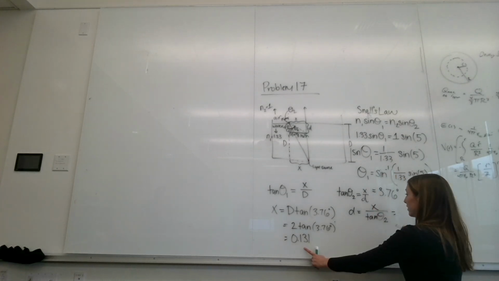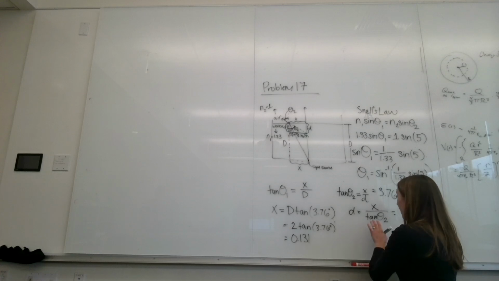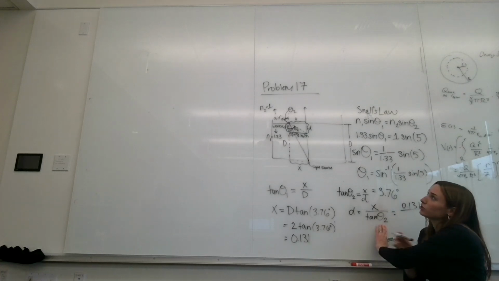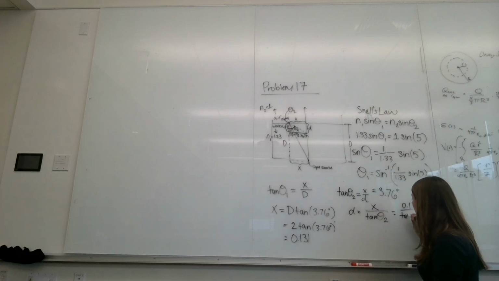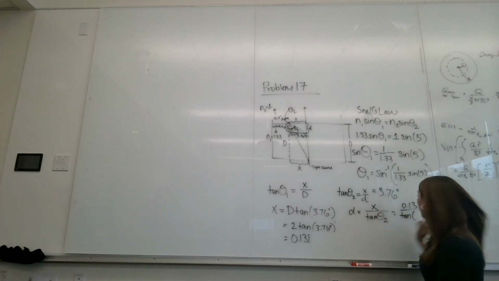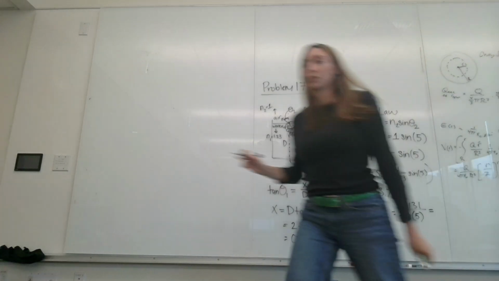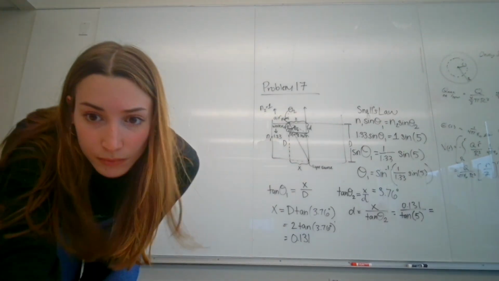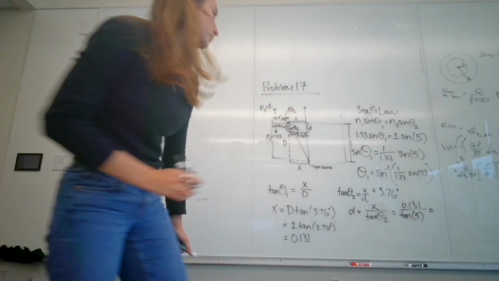We found x here, 0.131. Dividing that by tangent of my theta 2, which I believe is also given, right? What is theta 2? Okay, so when you do that, you should get 1.5.